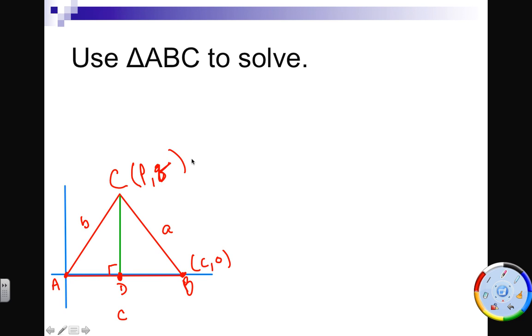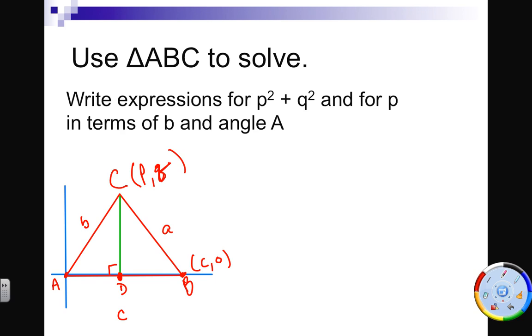And there are some questions that we're going to ask here. The first question is, I want to write two different expressions: one expression for p squared plus q squared, and one expression for p in terms of b and angle A. So it's probably a good idea to know where p and q are.